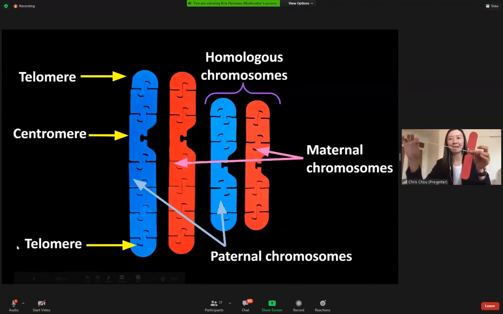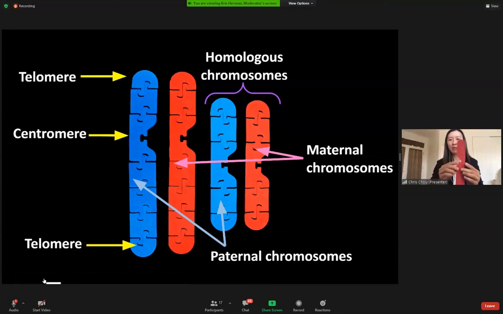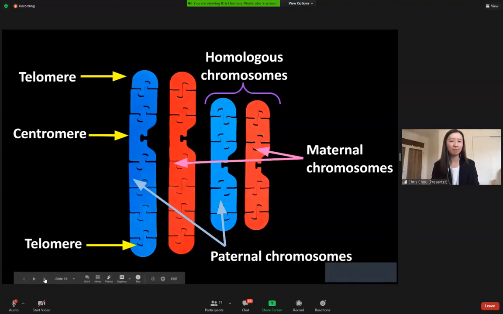So that's an adaptation for home. You can see that these chromosomes don't necessarily have the centromeres in the same spot. This is a chromosome where the short arm is called the P and the long arm is called the Q, with the smaller part on top and the longer part on bottom. You can also have the centromere divide the top and bottom into equal lengths. So these chromosomes have a variety of locations where those centromere regions are.